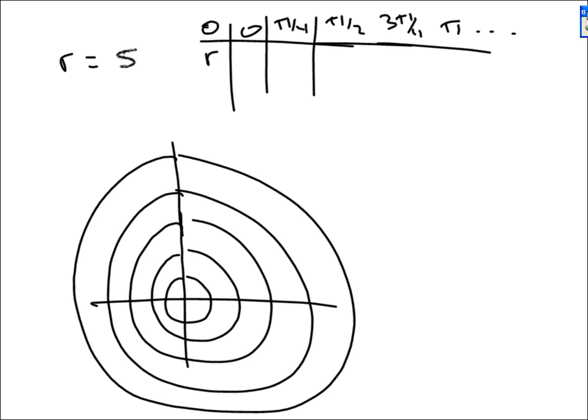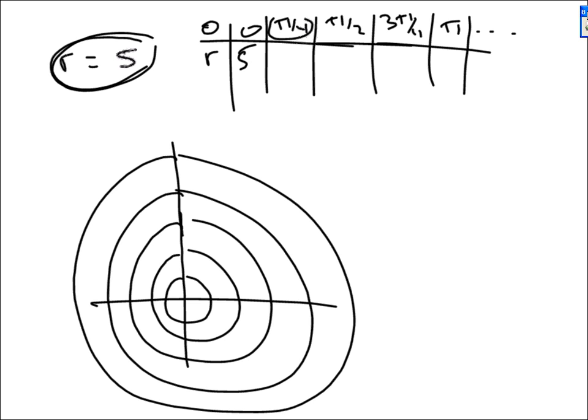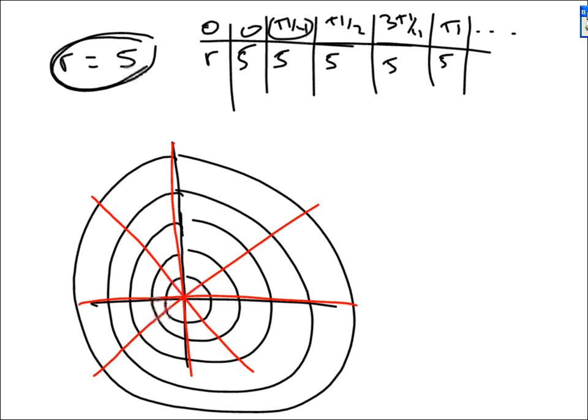And you're going to fill in the r's. Well, when theta is 0, what does r equal? 5. When theta is pi over 4, what does r equal? 5. In fact, r is always 5. So let's draw some of these angles. When it's 0, you go out 5.